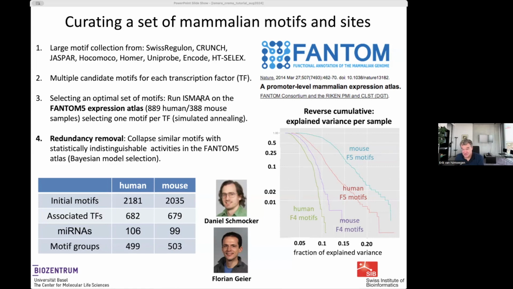In the presentation later today by Mikhail, he will go into detail over all the species that are currently supported. But basically, the power of the method is proportional to how many regulatory motifs are available. The more transcription factors have known binding specificities in your organism, the better you can do predictions. We recently made ISMARA available for zebrafish, which was previously not available.